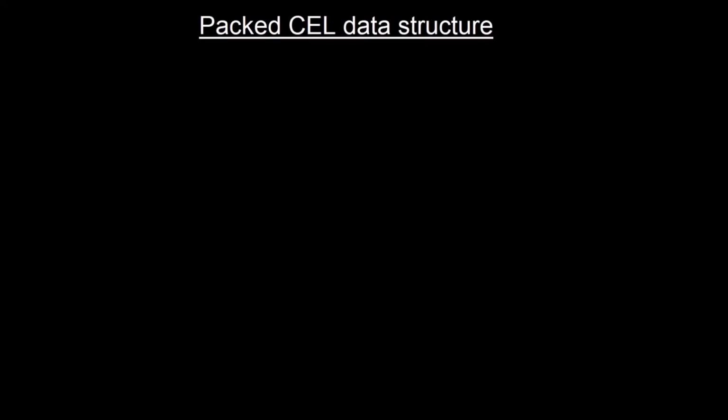So now it might be time to start showing you the slides I have prepared. As I said, to enable the CEL to interpret your data as packed data, you just have to enable the CCB packed bit on your flags.